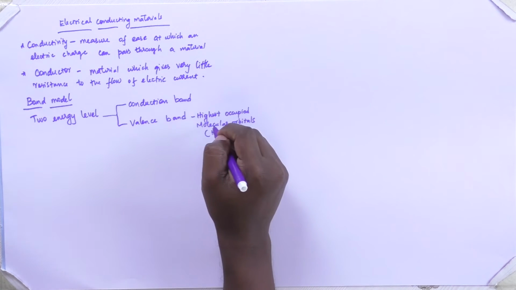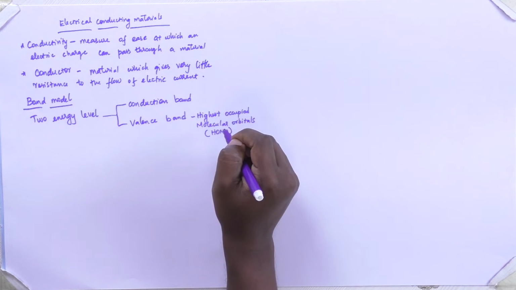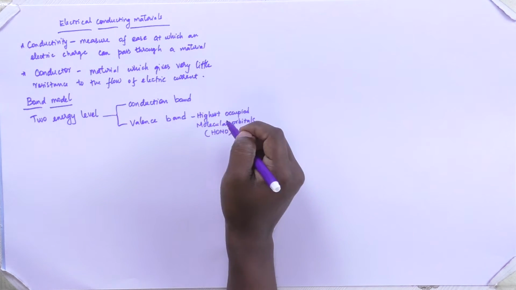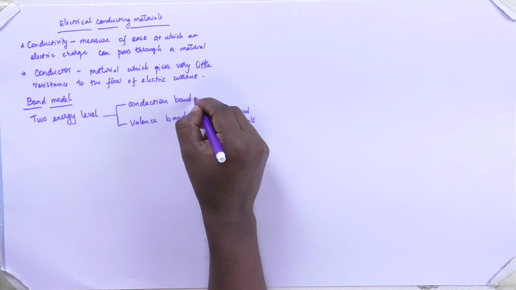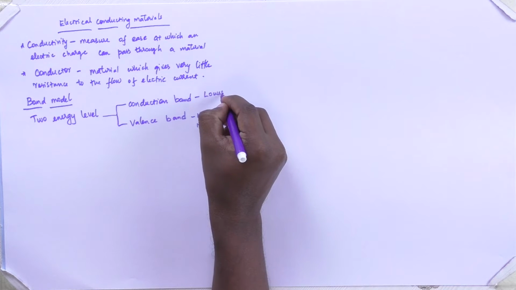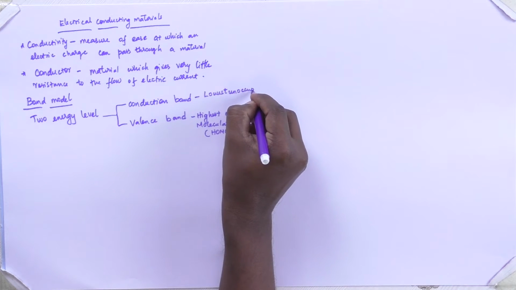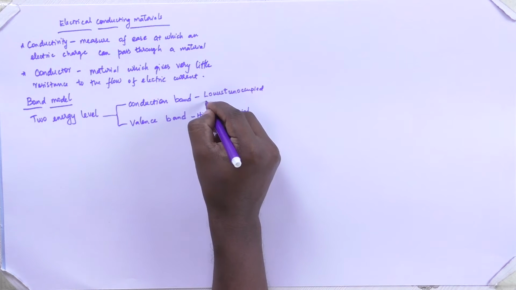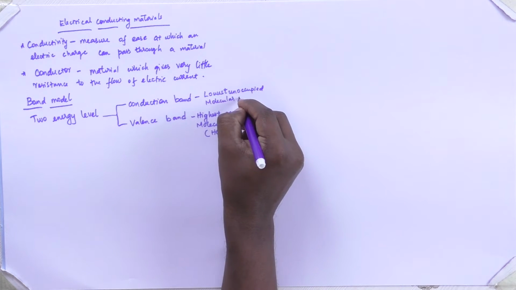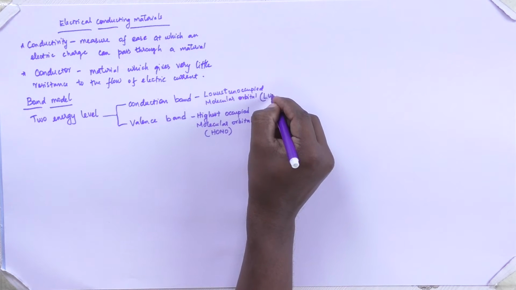So highest occupied molecular orbitals are nothing but electrons, in which the orbitals are filled at the highest energy. And this conduction band corresponds to lowest unoccupied molecular orbital. This we call in short as LUMO.